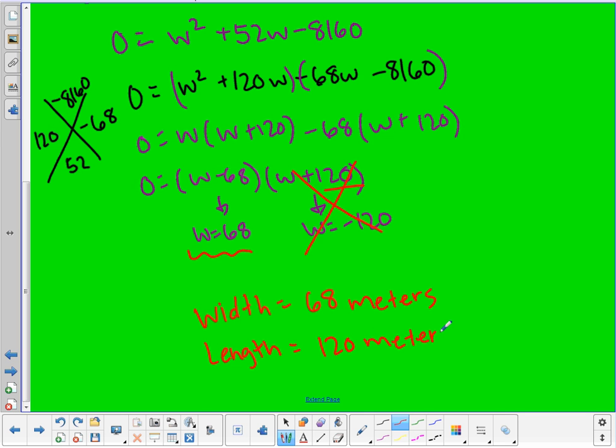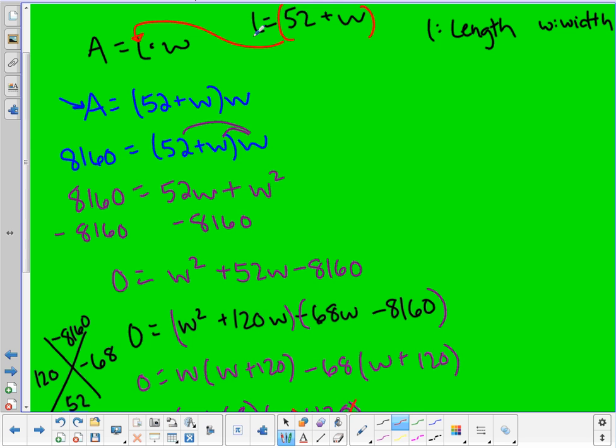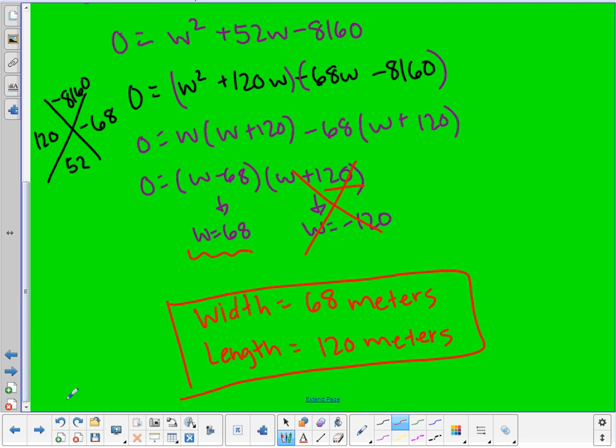And I got that, by the way, from just plugging it back into the original equations that I had up at the top. This one right here. Length is 52 plus W. Okay, so that's my length and my width. There's my two dimensions, and I found them by factoring the quadratic and setting it equal to 0 and solving.